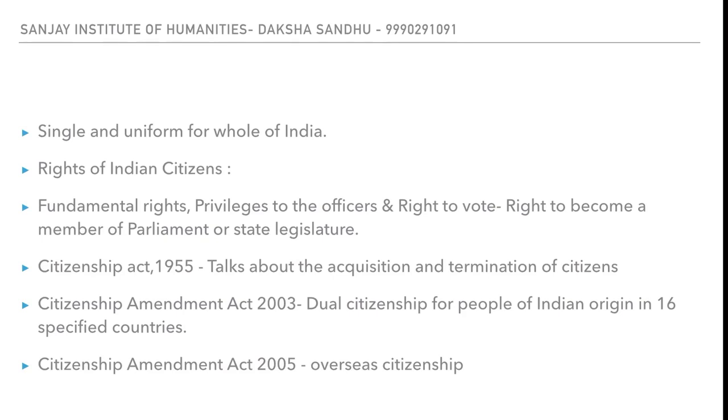All these privileges are given if you are an Indian citizen. Also, an Indian citizen has the right to vote and the right to become a member of the parliament and the state legislature.